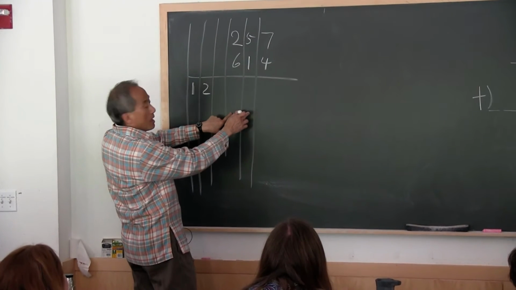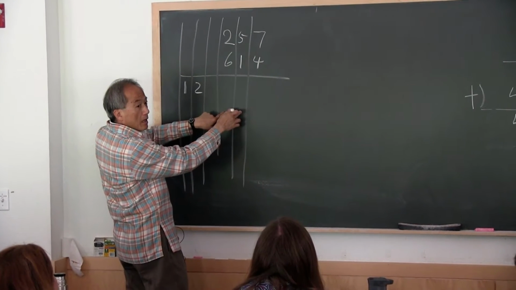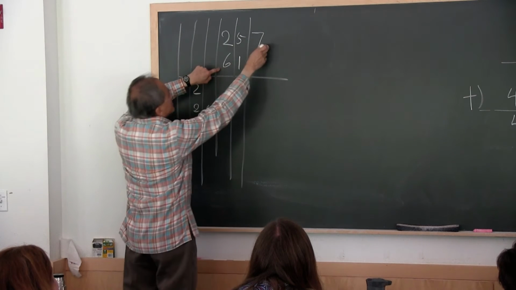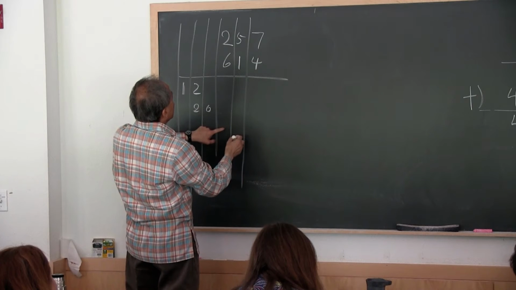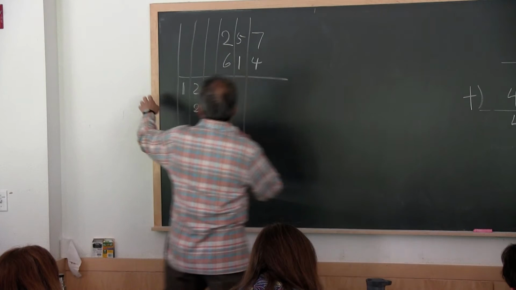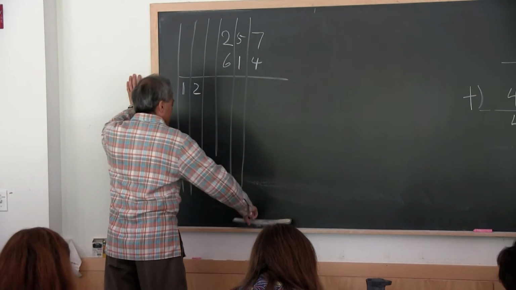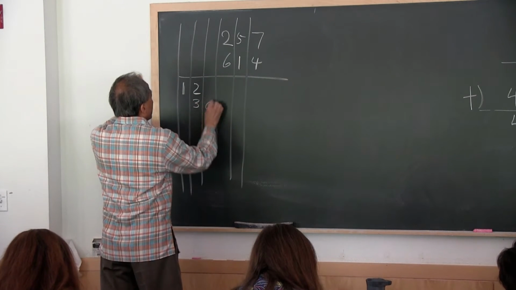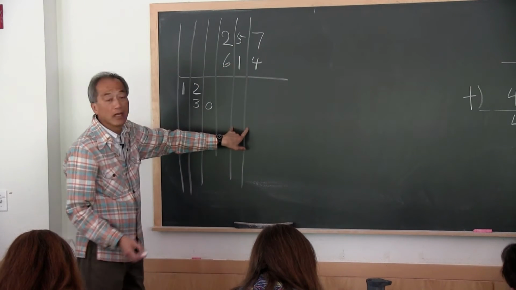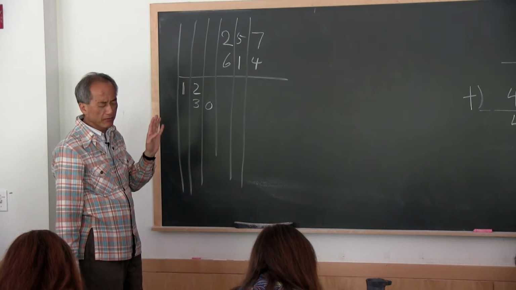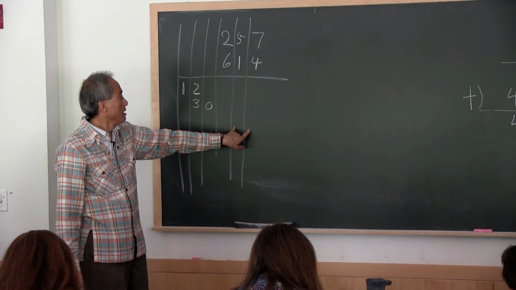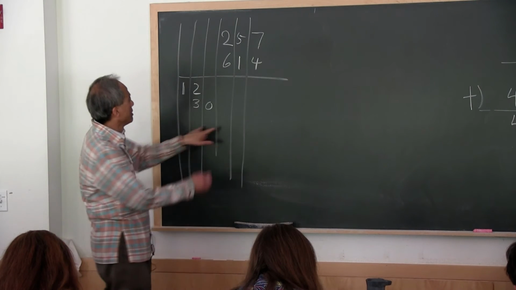Should be here, right? 6 times 7 is 42. Should be here, right? But the instruction is, whatever it is, jump twice. So make sure it's 42.